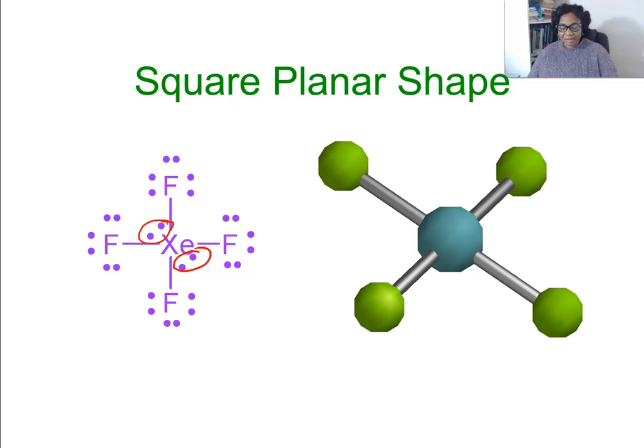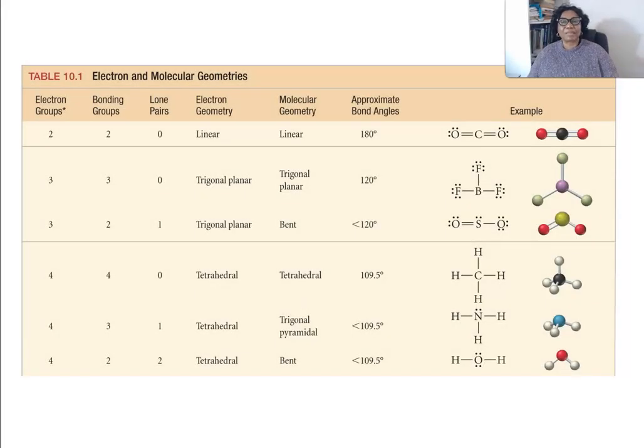So, in summary, this is the summary. Electron groups, bonding groups, lone pairs of electrons, the electron geometry, and the molecular geometry that results from that.